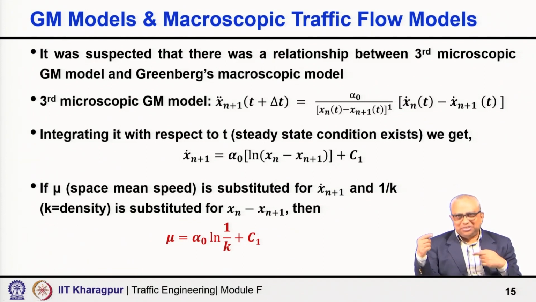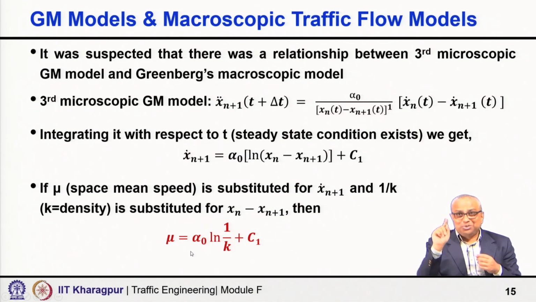It is the distance headway, spacing or space headway. So 1 by that is what? Density, the macroscopic parameter. So we replace x dot n plus 1 by mu, and x n minus x n minus 1 by 1 by k, because 1 by distance headway is the density, plus C 1.